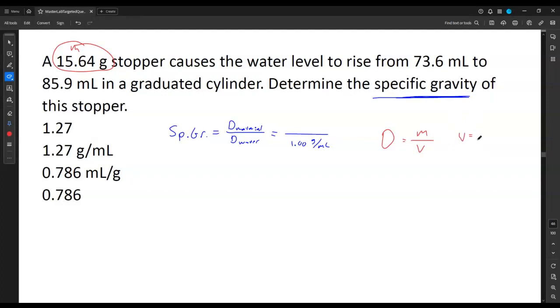So our volume from this one is going to be the difference between the two water levels of the graduated cylinder. So we've got 85.9 milliliters was the final reading, then 73.6 milliliters was the initial reading, and then that difference is going to tell us the volume of the stopper.